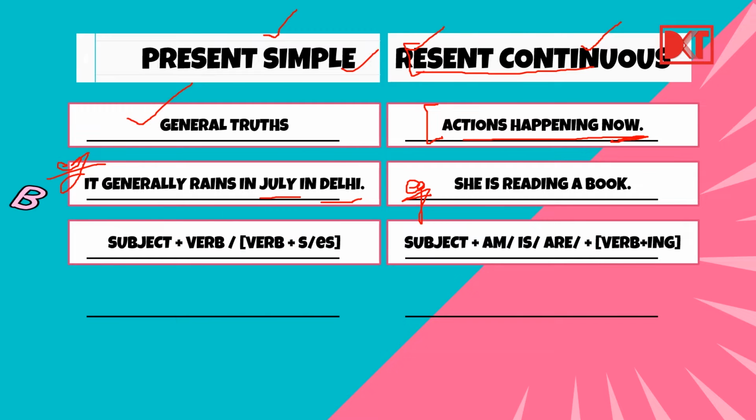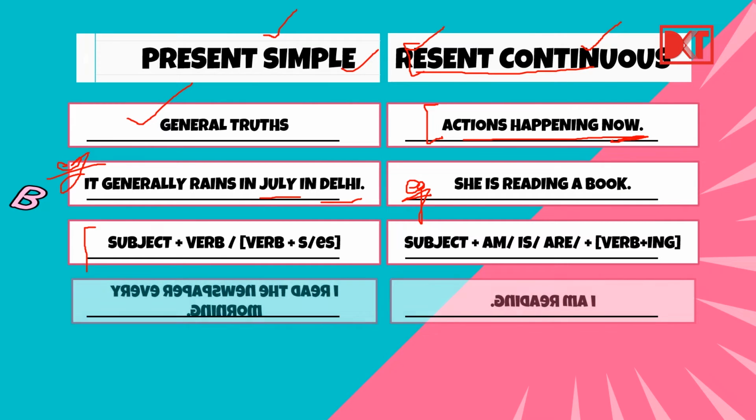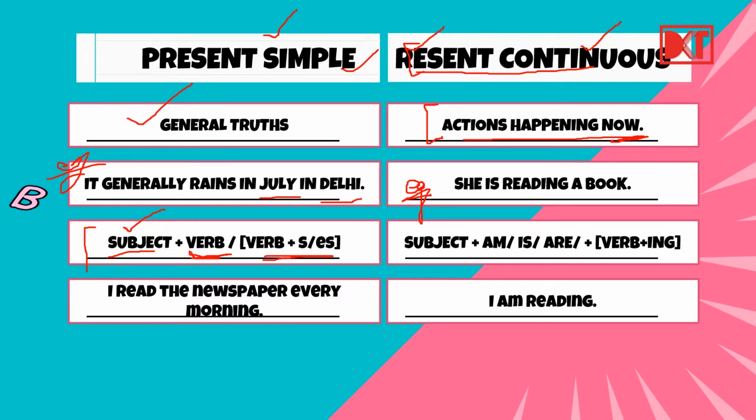So next we have simple present and present continuous formation. These formations we will be discussing in detail in the next few slides. Just a small thing you should understand: how is present simple formed? Subject plus either the verb, the first form, or verb and S or ES. Now here we have an example: I read the newspaper every morning.